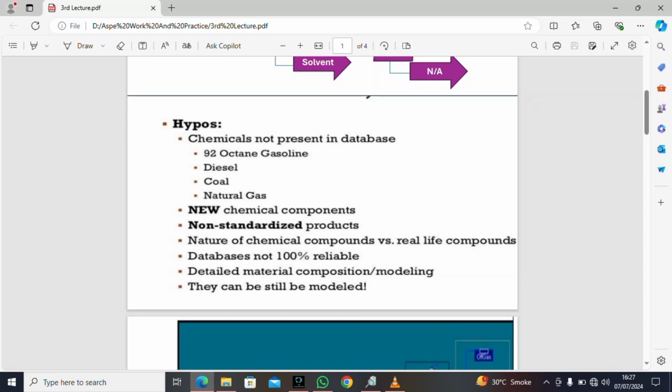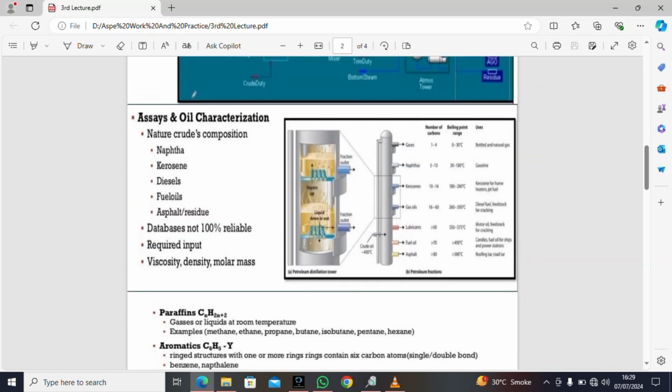Now we use assays. Once again I am going to bring this example on crude oil.